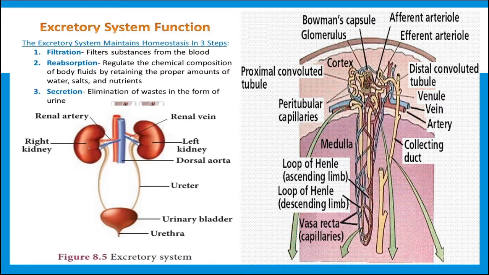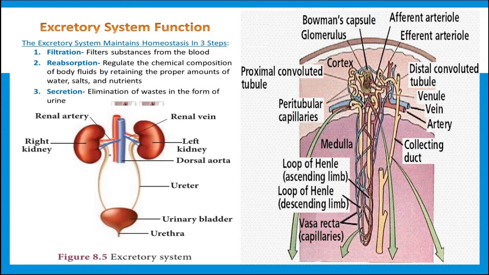Each kidney has millions of nephrons, and here we can see the detailed structure of a nephron. The red one is known as the renal artery, and this blue colored vessel is the renal vein. This is the right kidney, this is the left kidney.